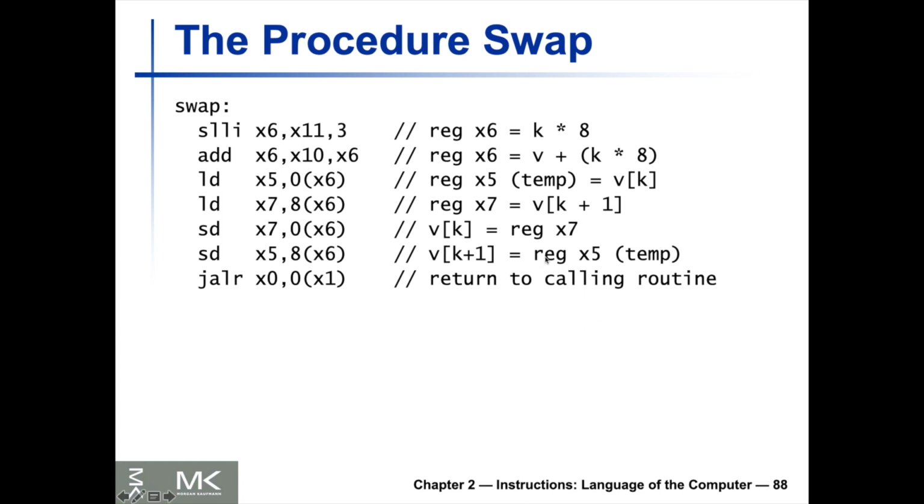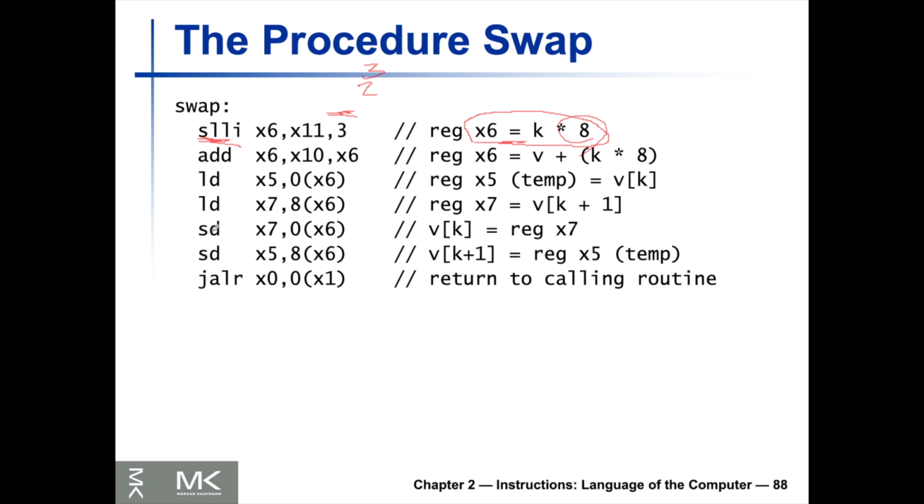The first step is to get the address of v[k] by multiplying k by 8, okay? Here.